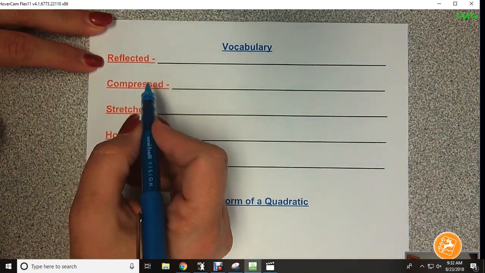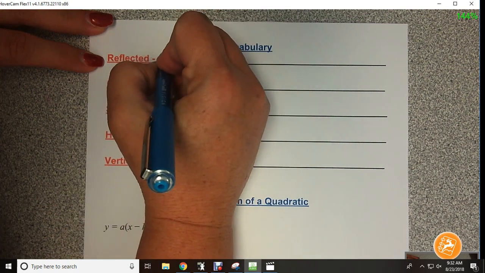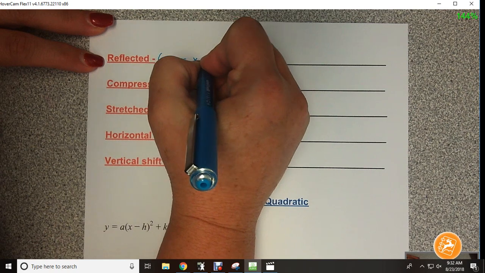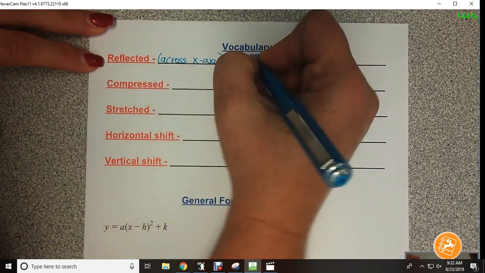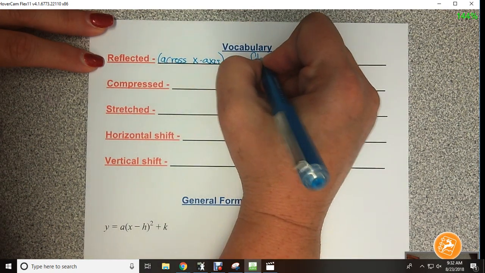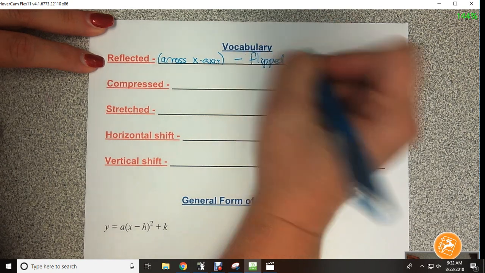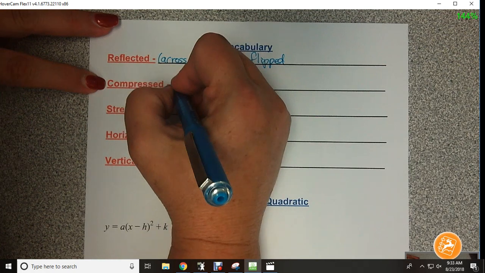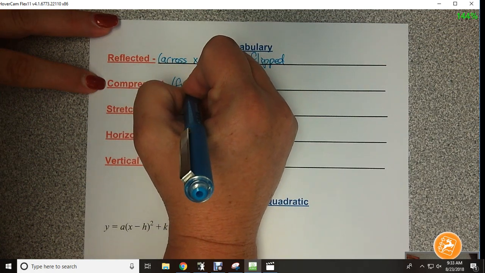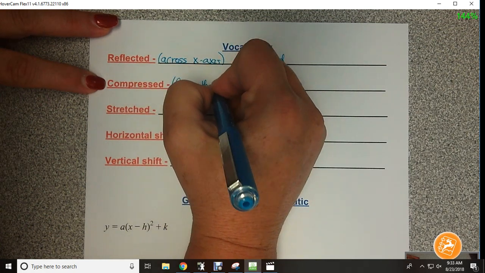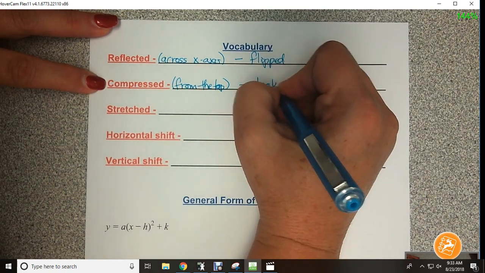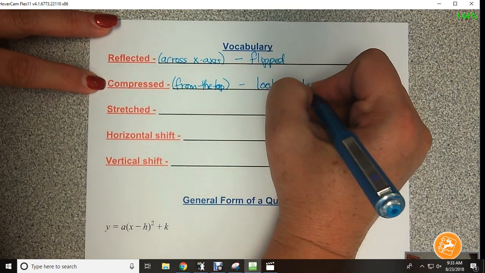So now, reflected, and this is reflected across the x-axis. That just means that it has been flipped. Okay? Compressed, and this is compressed from the top. That makes it look wide.